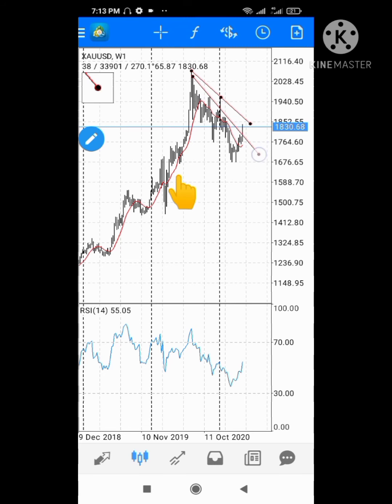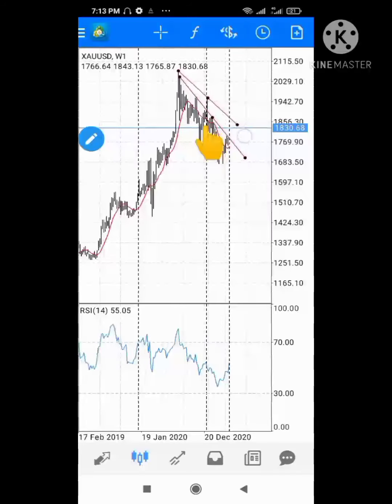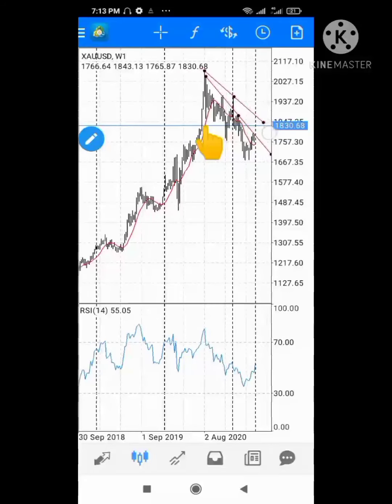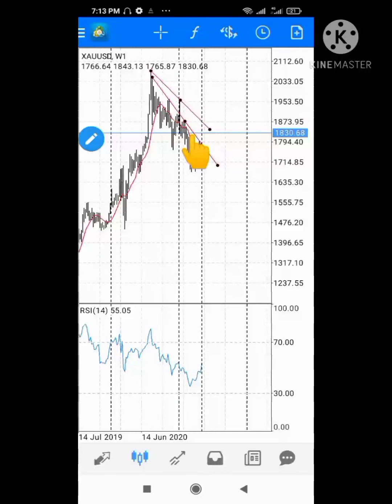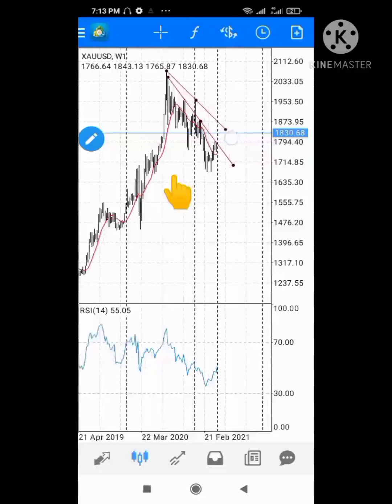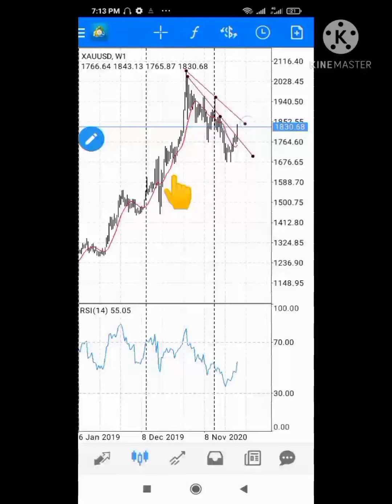Now that the market has broken this level that we were looking at last week, we are considering where exactly we are expecting this market to reverse, which is here. We are expecting that this market will still move up a bit. Let me just shift the trend line a bit.